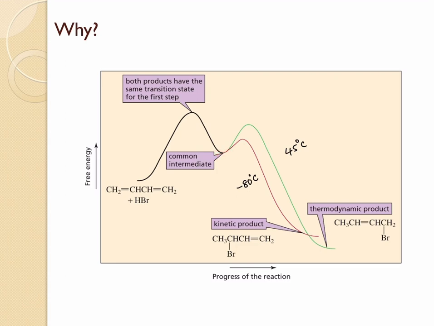But every time the kinetic product reverts back to the intermediate, more and more of the thermodynamic product is formed. So at high temperatures, the thermodynamic product, or the 1,4 addition product, is formed as the major product, and at low temperatures, it is the kinetic product.